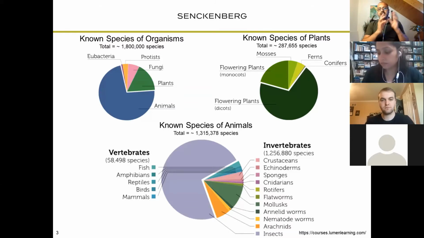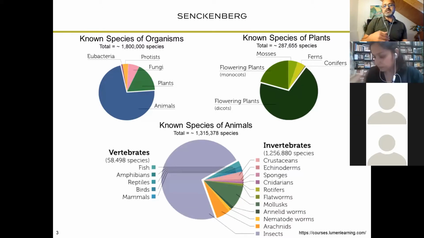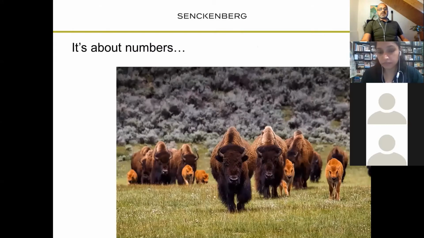We see how the different organisms are in the animal kingdom. So there is a lot of diversity, but the problem is, why are we worried about diversity when there is already a lot of variety of organisms present here? As I said, it is mostly about numbers.